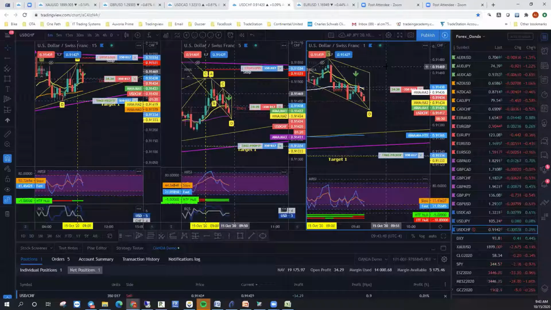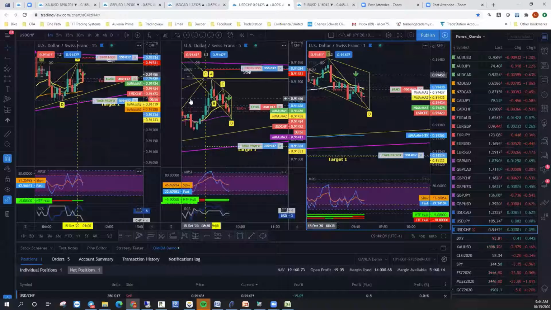And this is trading. So that is a trade that I am getting into. I got in on the pullback of this.